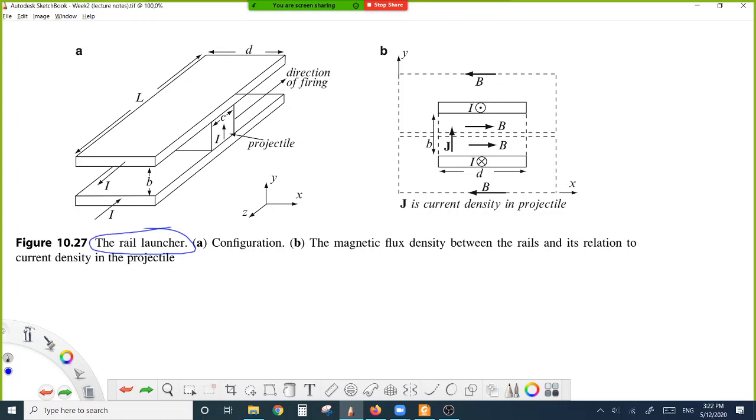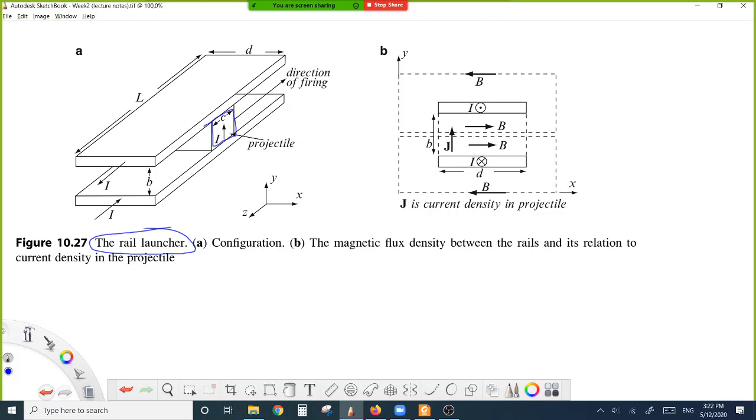And in between them there is conducting material, which in this case is called a projectile.